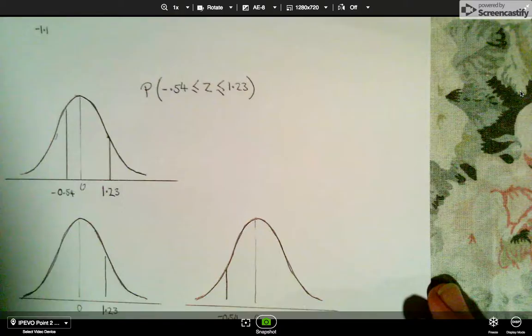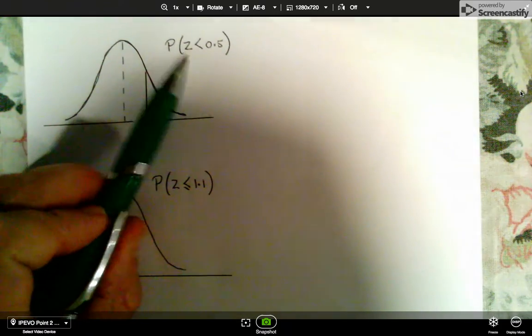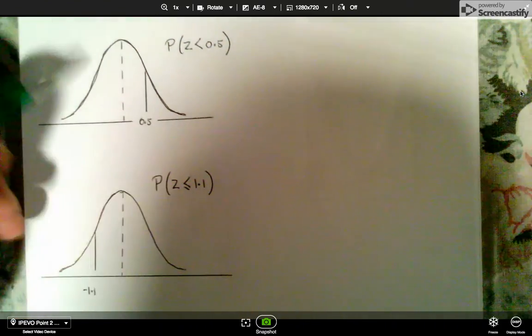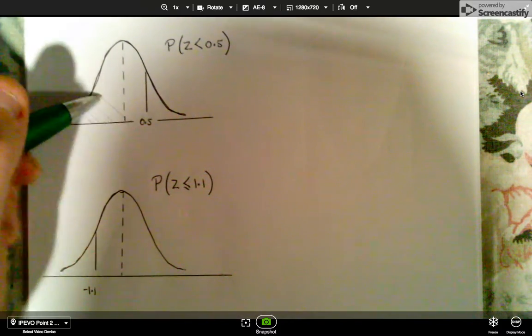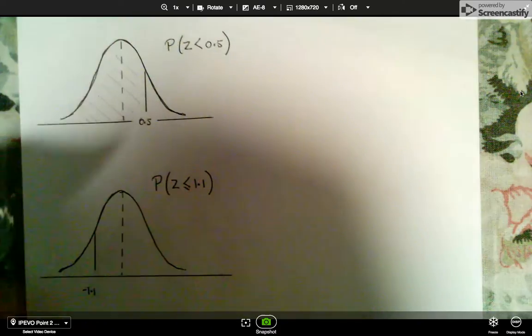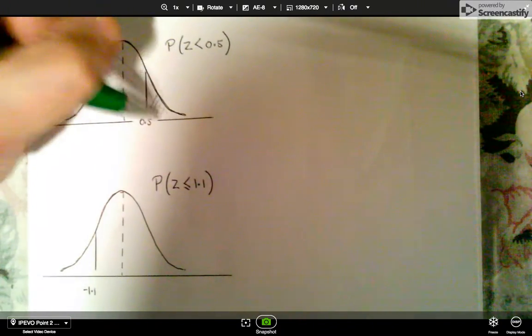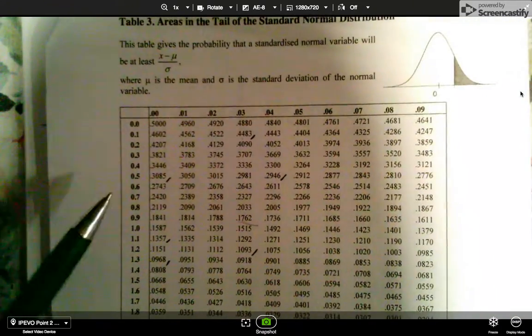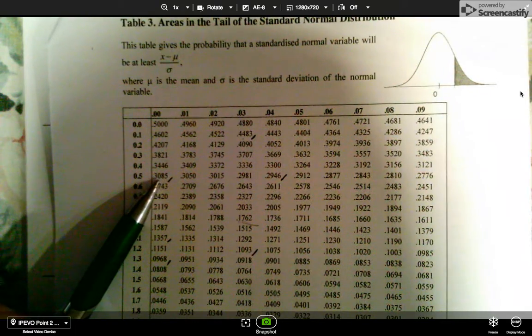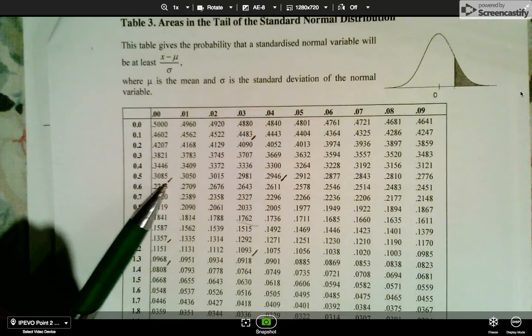Now some of these can get a little trickier though. For this one, we want the probability that Z is less than 0.5. So really, we want this area here, which is opposite to what the table gives us. The table is going to give us this area. So let's look at what that area would be. For 0.5, it's 0.3085.